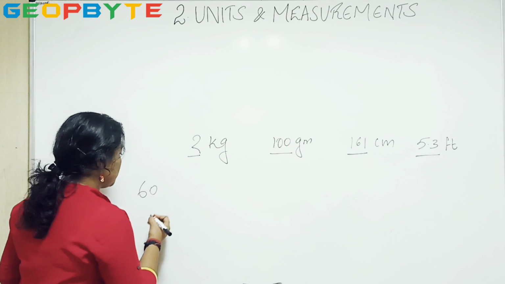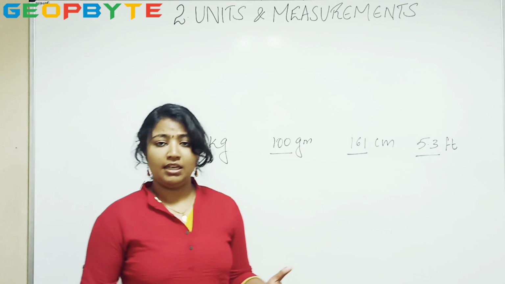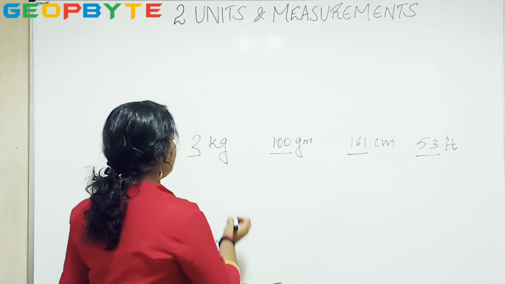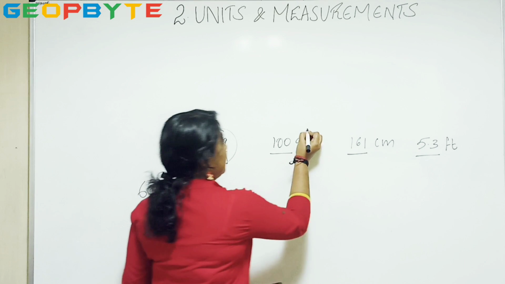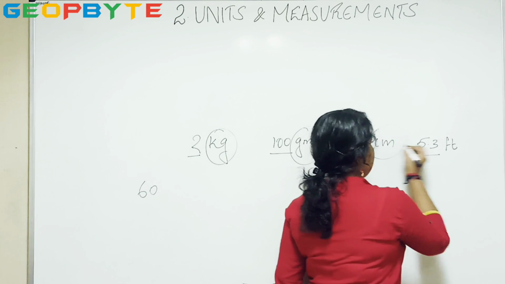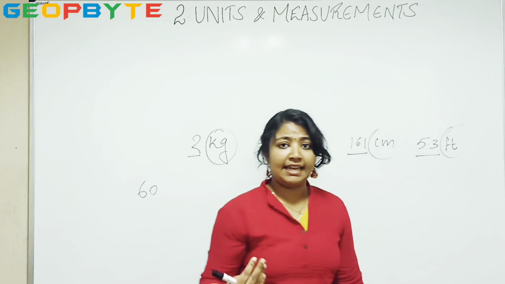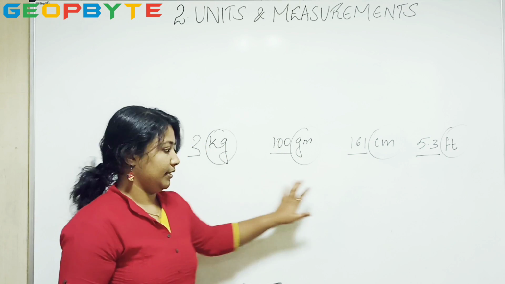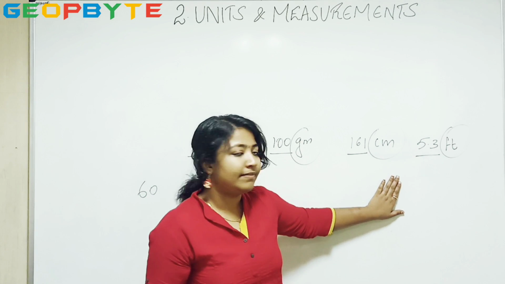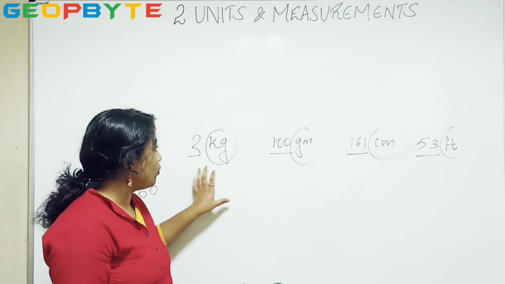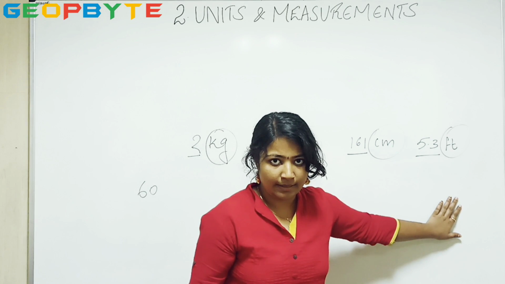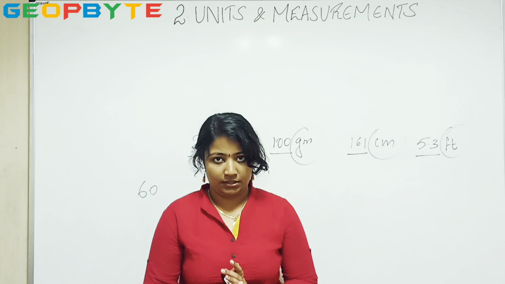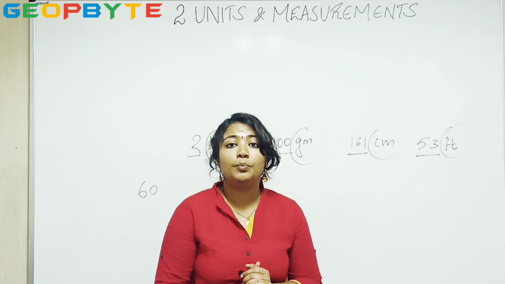He can assume it as 60 kg, or even 60 grams. So kilogram, gram, centimeter, feet, seconds, these are the units. Only when these units are with these numbers will it be meaningful, or else there won't be any meaning to it.